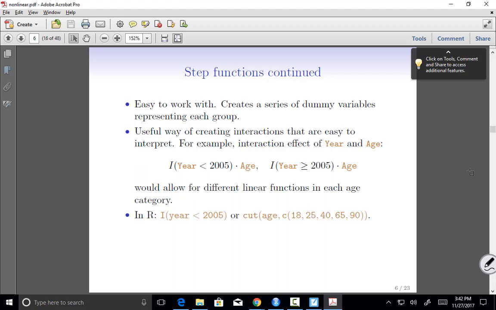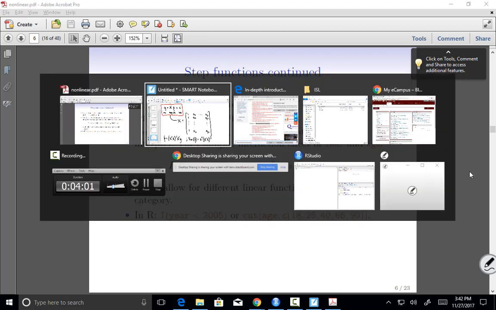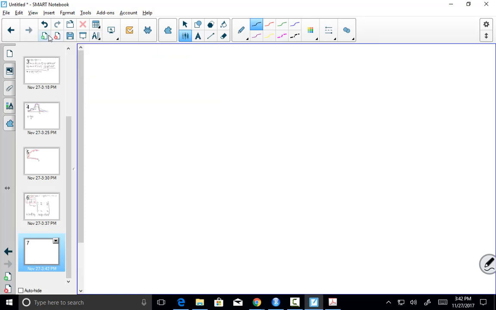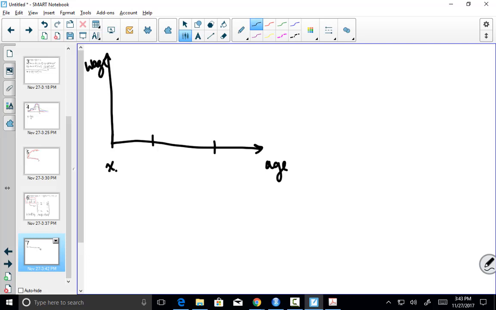How would you fit a model with step functions? Let's come over here and think about it. Suppose we have data like is in the slide, age versus wage, and suppose we decide between here and here, we're going to have one step level.